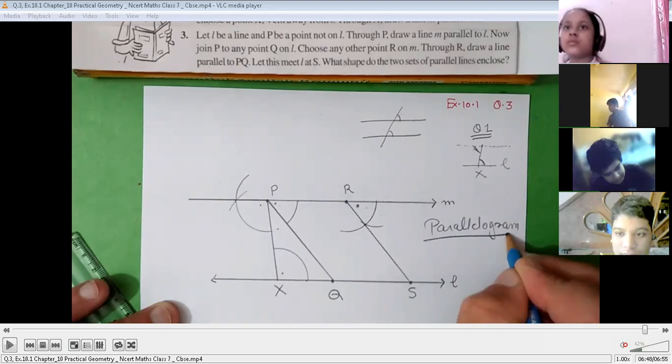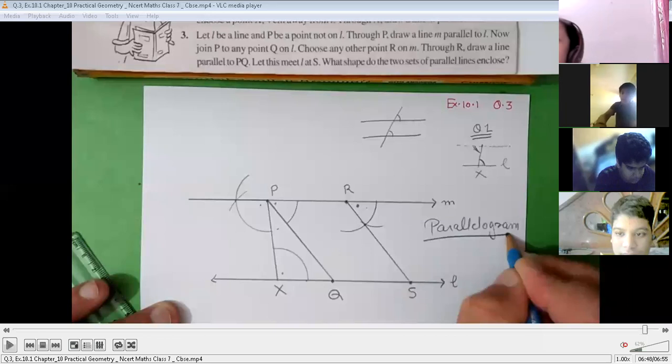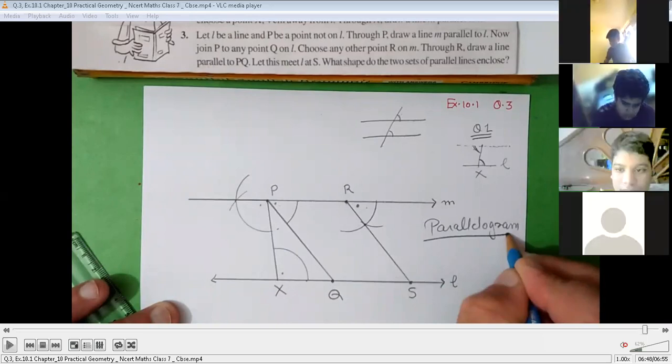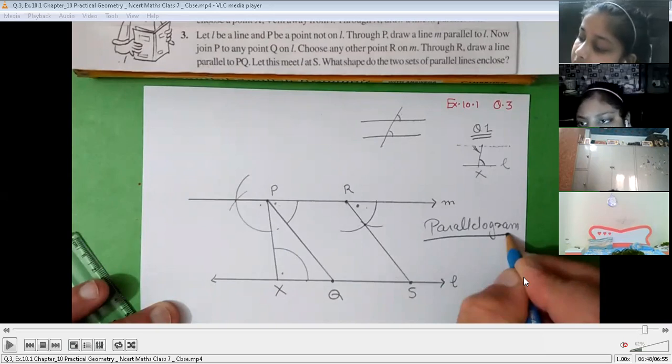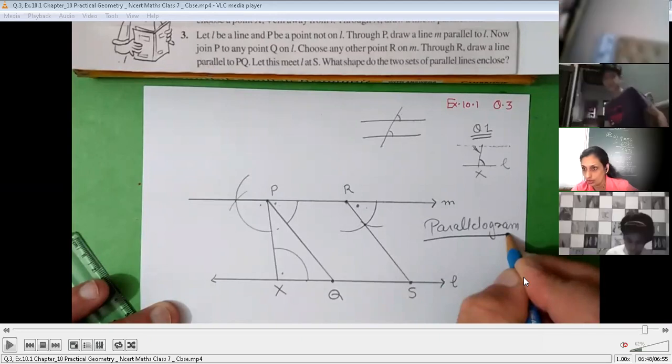Since L is parallel to M, RP is parallel to SQ. Sharvil, write it down. Also PQ is parallel to RS.